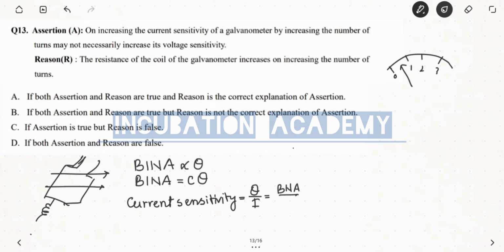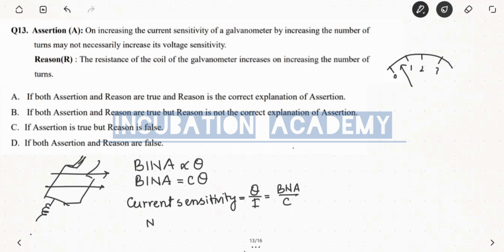Obviously, if the magnetic field is kept constant and the cross-sectional area A of the coil is constant, then C is the constant of the instrument. So one thing you can easily do to increase the current sensitivity is to increase the number of turns.